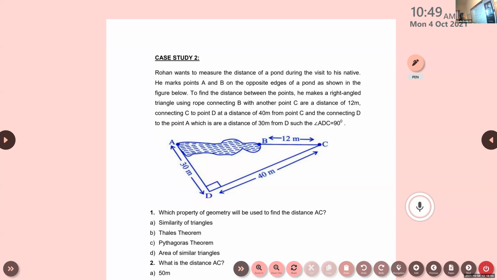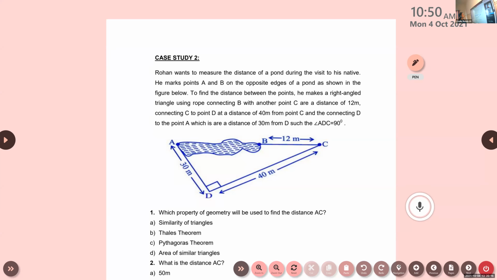Look at the question here. Rohan wants to measure the distance of a pond during the visit to his native place. Okay, you are going to solve this. I'll give 5 minutes. You have to give the answer. He marks the points A and B on the opposite sides of a pond as shown in the figure.